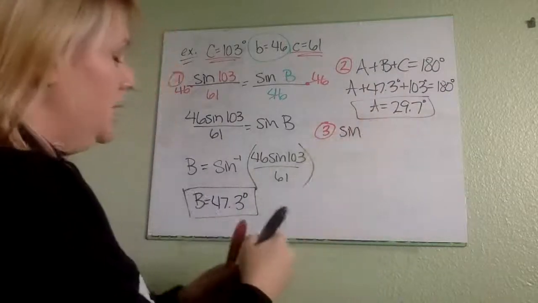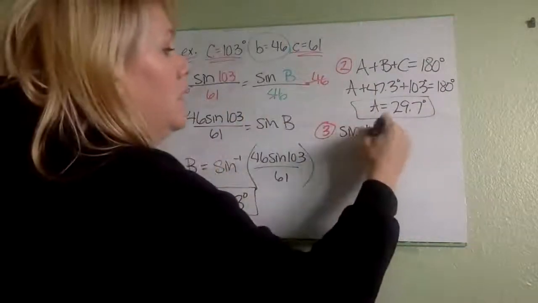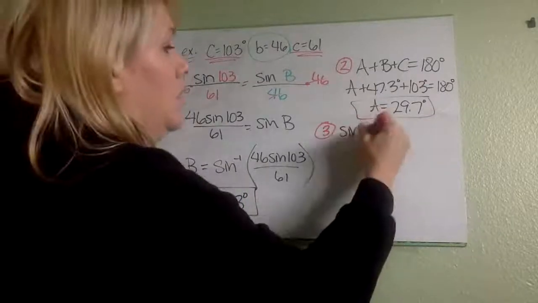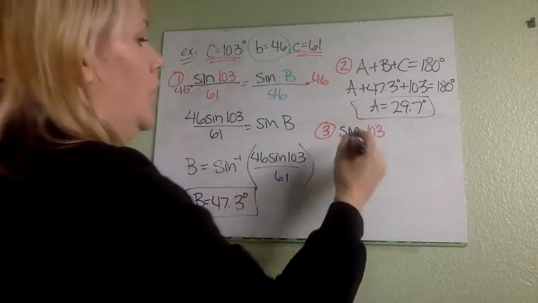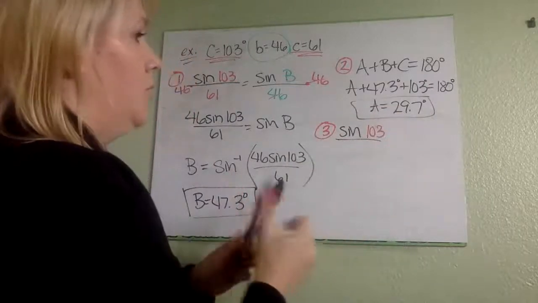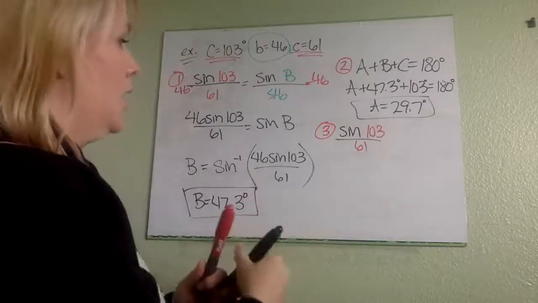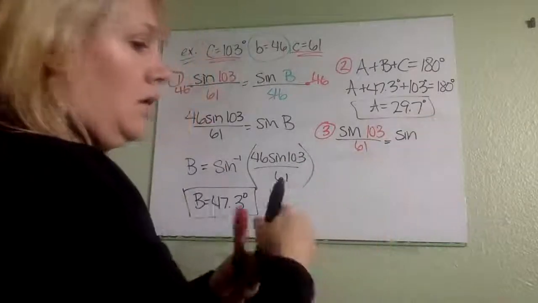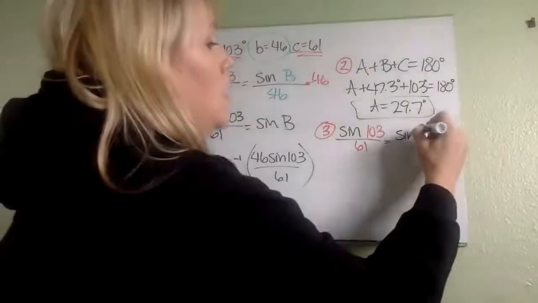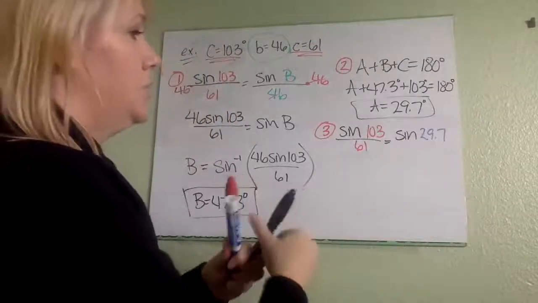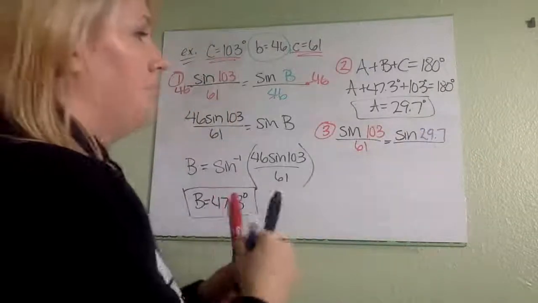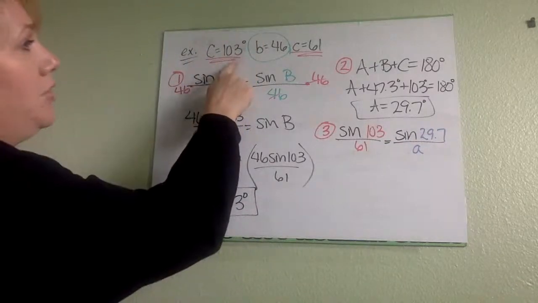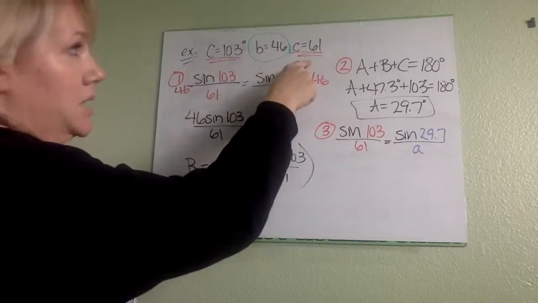But again, we go back to our 103. Oops, let me change that. And then 61. And we want our angle A. We have angle A. And our job is to find side A. Now, what I'll notice at this point is that 103 was the biggest angle, so 61 was the biggest side.